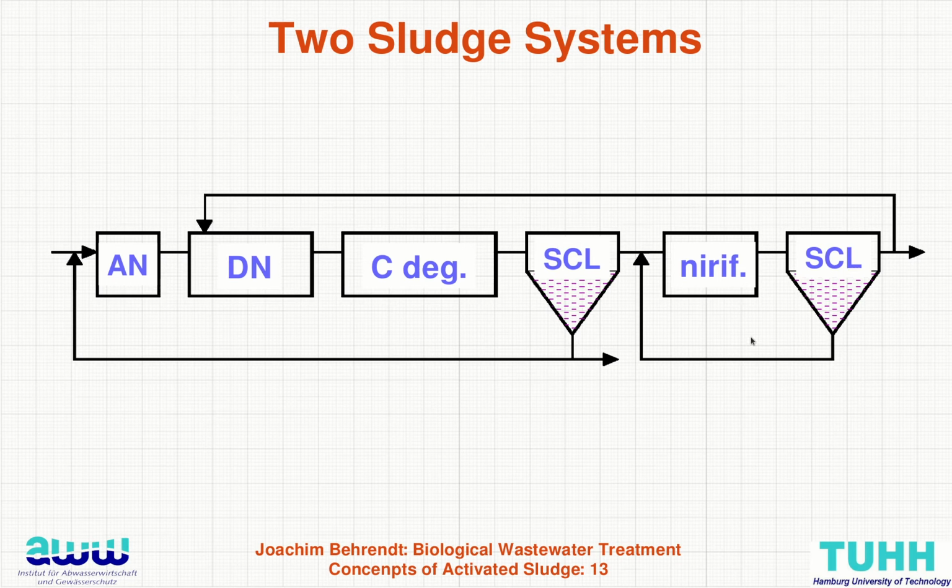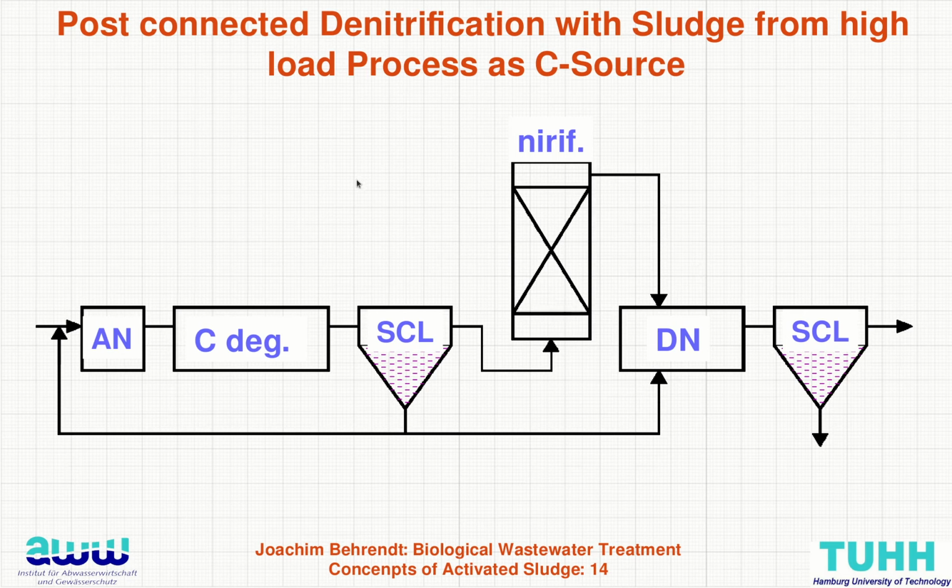But finally it's a good thing to separate these microorganisms. We will see there a biofilm reactor for nitrifying bacteria, for example trickling filters. And here the idea is that we have a high load wastewater treatment plant for heterotrophic bacteria. There we can also remove more phosphate, because we can remove more sludge.